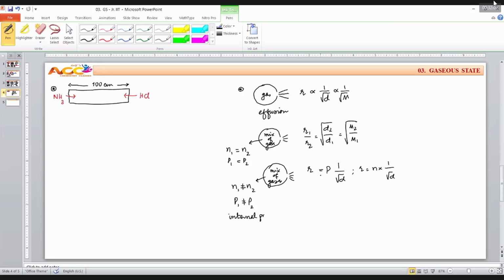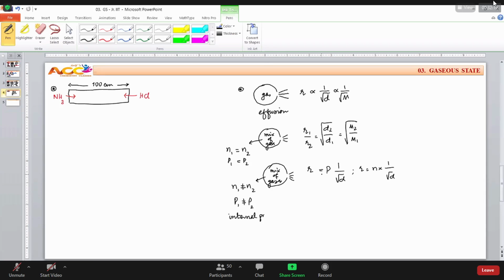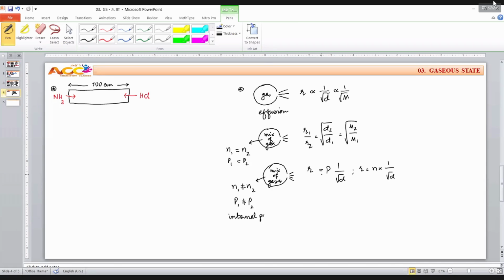Rate of diffusion is directly proportional to the difference of pressure inside and outside. Suppose inside pressure is very high and outside pressure is very low, fast diffusion takes place. Now I'll keep inside pressure 20 atmosphere, outside pressure 1, 2, 3, 5, 10. What happens? As I increase the outside pressure, rate of diffusion decreases.